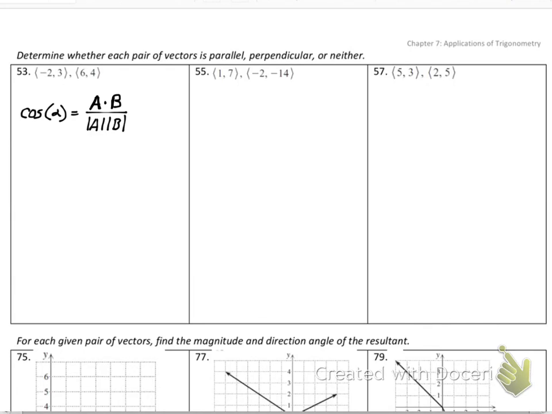And then if this comes out to 1 or -1, it's parallel. If it comes out to 0, it's perpendicular. Otherwise, you're supposed to write neither. So either this is going to come out to 1, -1, 0, or otherwise you just say it's neither. Okay, but you have to plug it in here. Okay, that makes sense?